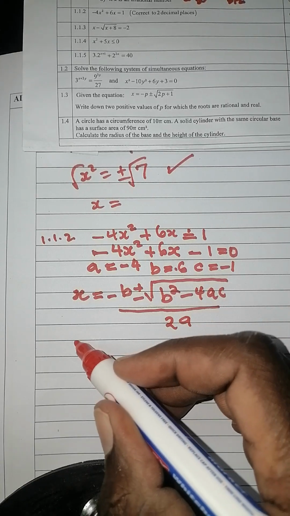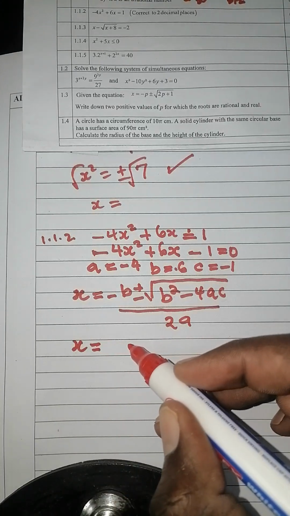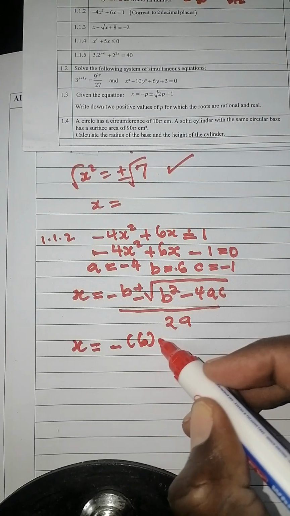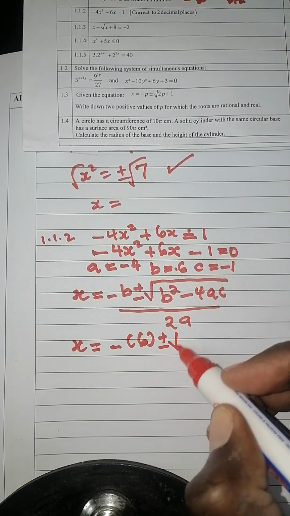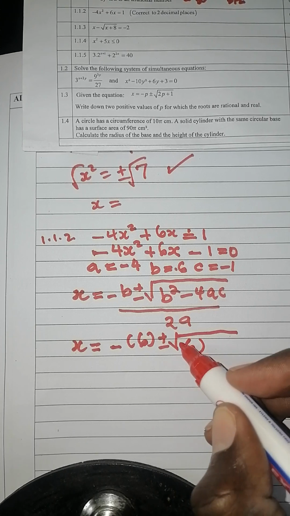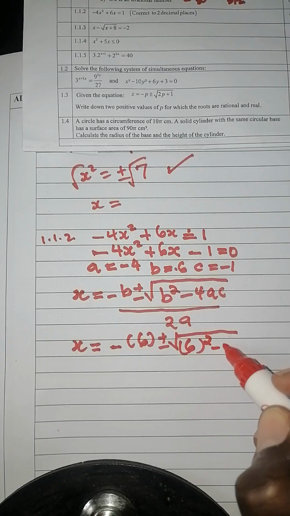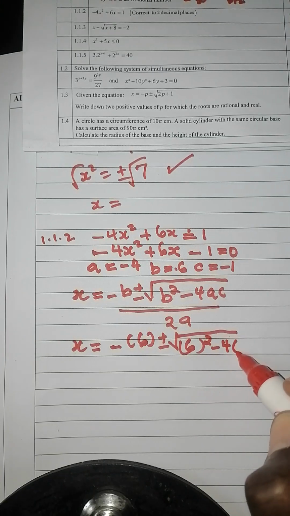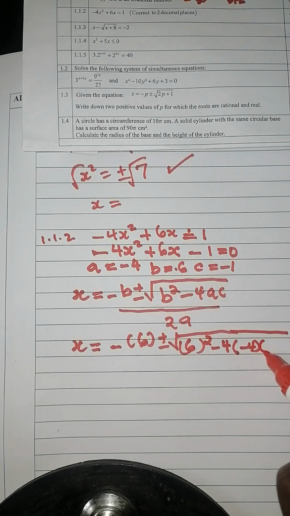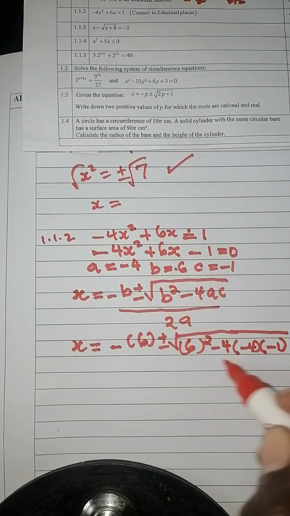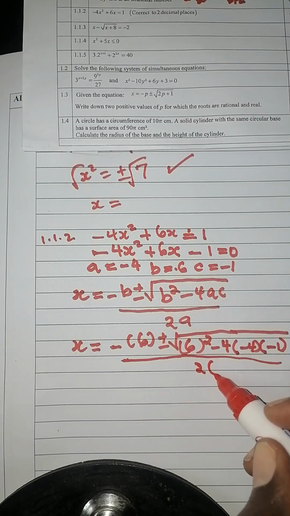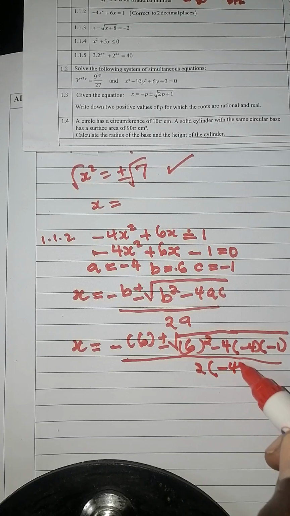Then you plug them into this formula. b is 6, so it's minus 6, plus or minus the square root of 6 all squared minus 4, and what is our a? It's negative 4, and what's our c? It's negative 1. Then over 2 times a, which is negative 4.